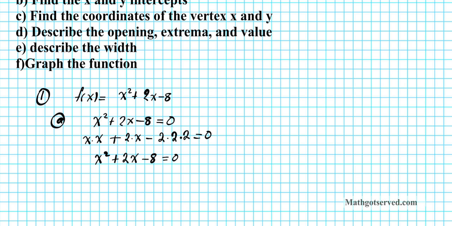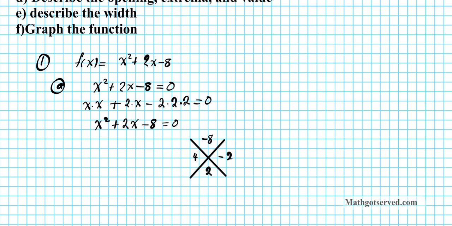Alright, so let's use the x game to factor this. We want to make it into 4 terms, so we can factor by grouping, okay? So AC goes on top, AC is negative 8, and B is 2. Two numbers that work here are 4 and negative 2, because 4 minus 2 is 2, and 4 times negative 2 is negative 8. Okay, so let's replace the middle term with these two values.